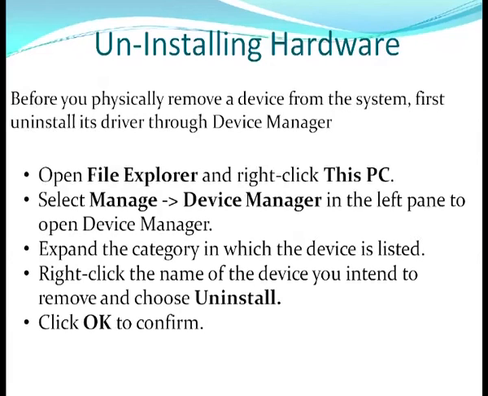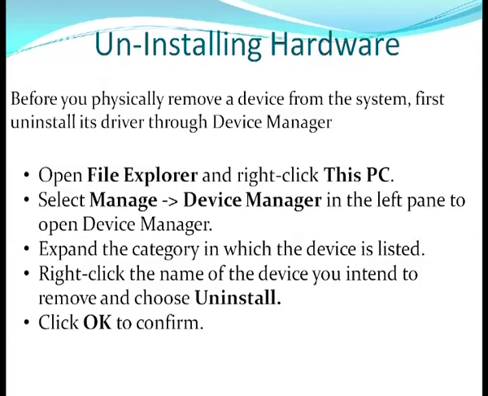To uninstall, again open the file explorer, go to the this PC folder and select manage device driver option. Choose the category where the device is listed, whether it is a printer or a scanner or a camera or an SD card, whatever you have. Right click on the name of the device that you want to remove and then choose uninstall.